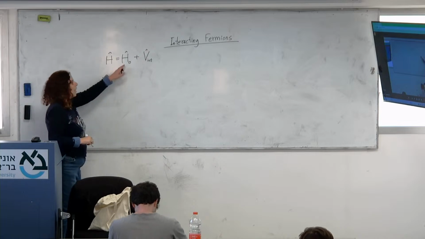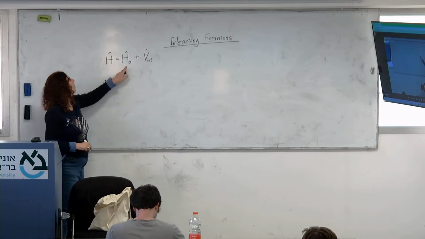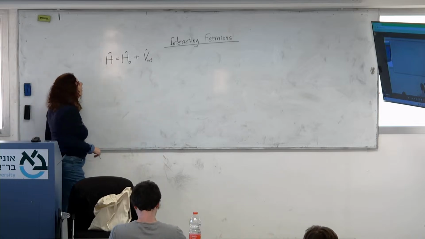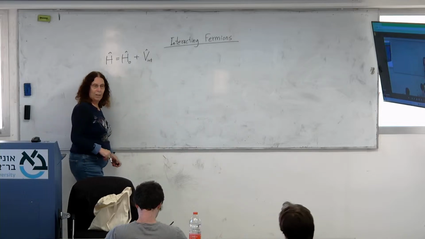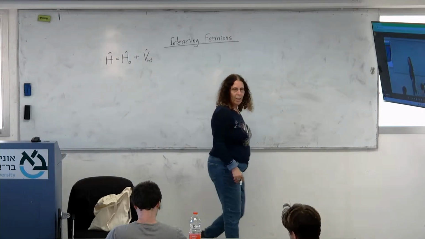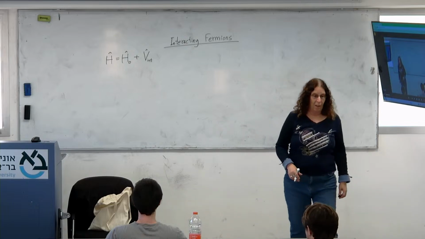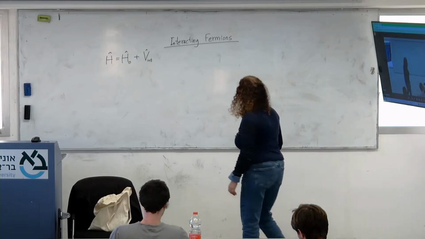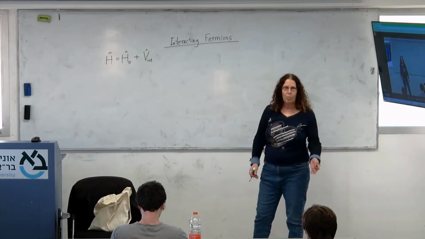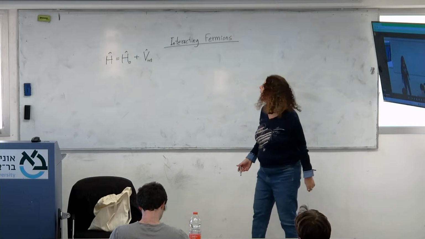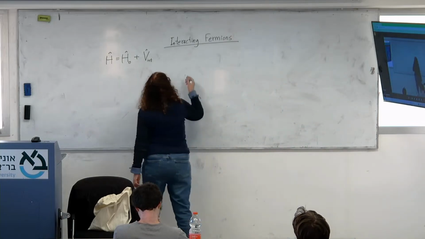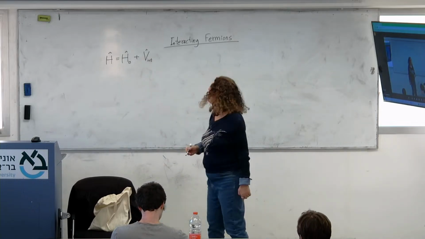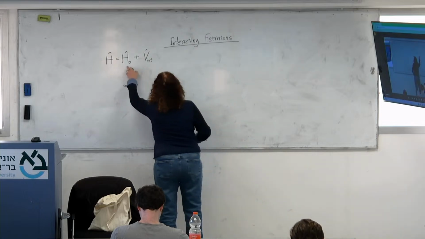There's a single body part, H naught, and an interaction part. And the single body part, usually it's some kind of Hamiltonian that contains a potential. It doesn't matter what it is. It's relatively easy to find its eigenstates and eigenenergies, and we can always express it in a basis that makes it diagonal.